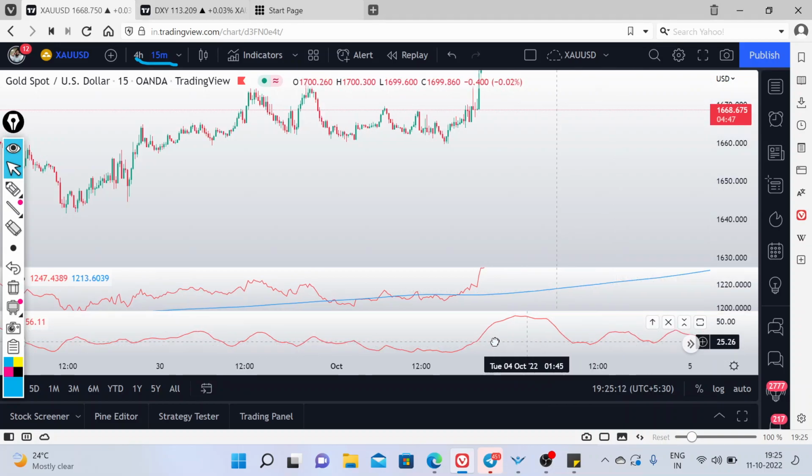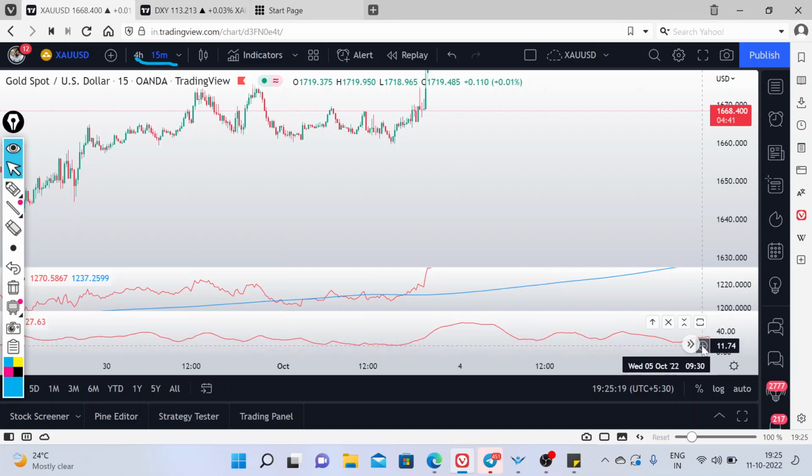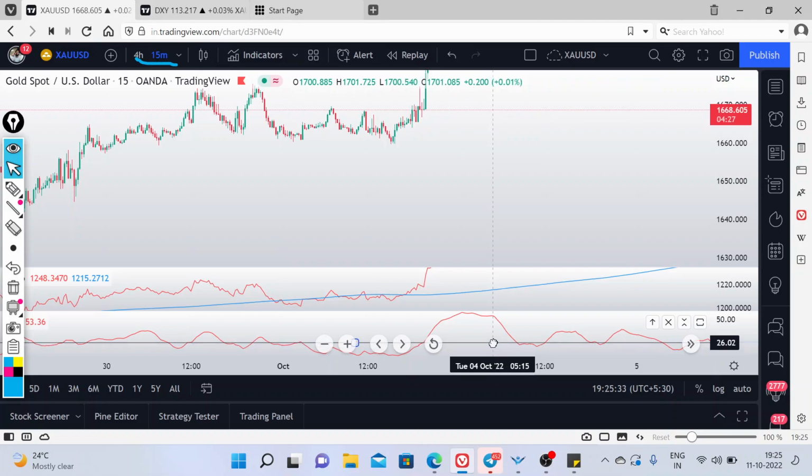For the ADX, what you have to do is just click at 20 around here, roughly this level, and draw a horizontal line. This is at 23. Let me change it to around 20.